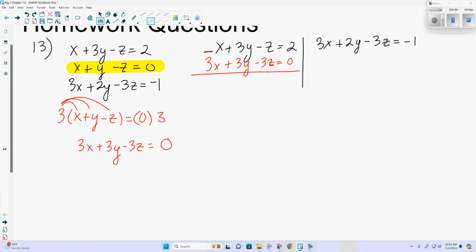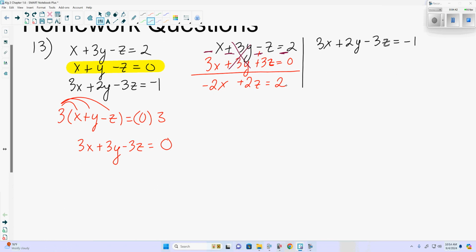Now again, the signs are the same, so we would subtract, because 3y minus 3y is 0. x minus 3x is going to be negative 2x. Negative z minus negative 3z: negative and negative make a plus. So negative z plus 3z would be plus 2z. And 2 minus 0 is 2. So we have negative 2x plus 2z equals 2.